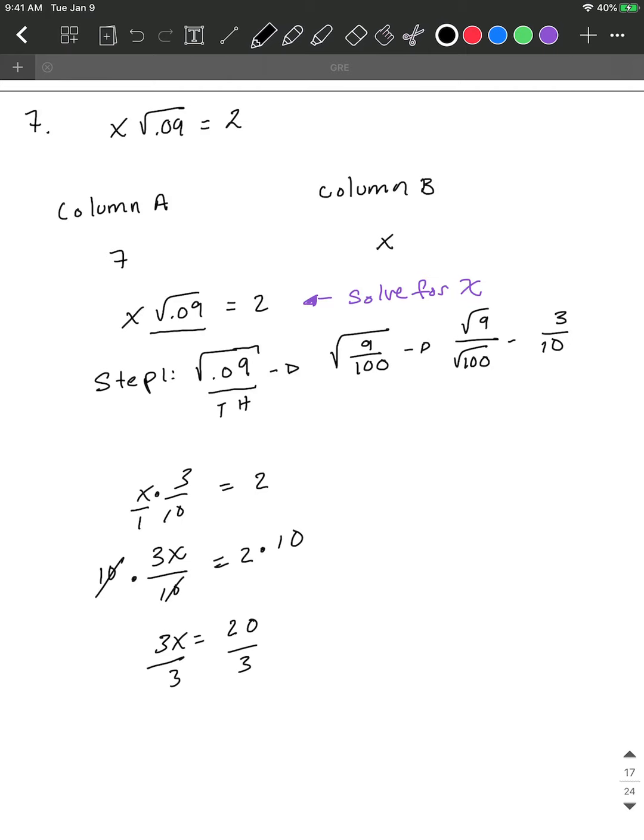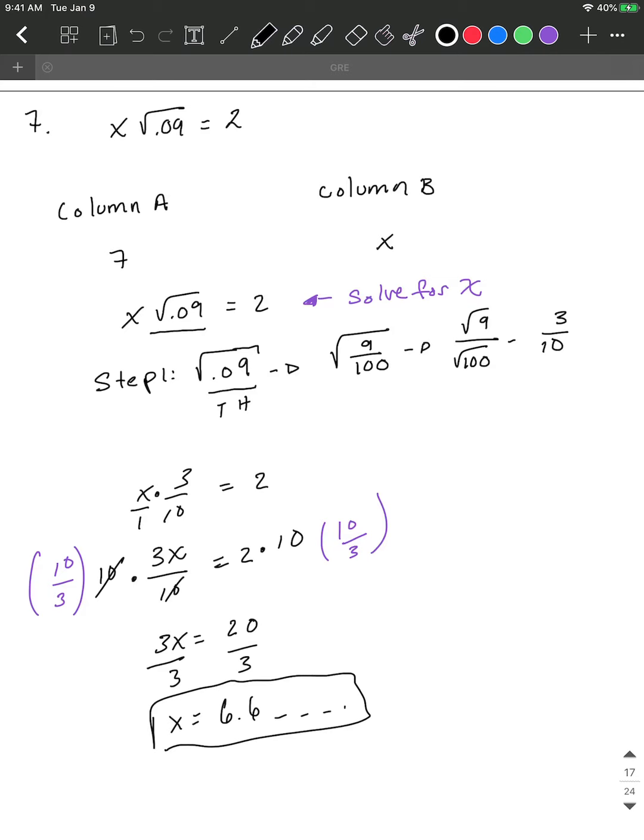The reciprocal would have just meant multiplying by 10/3, which is essentially what we're doing here. So you get 20 over 3, which if you reduce it down becomes 6.6 with a couple more digits. So now we know that x is 6.6, or 6.7, depending on how you're rounding.